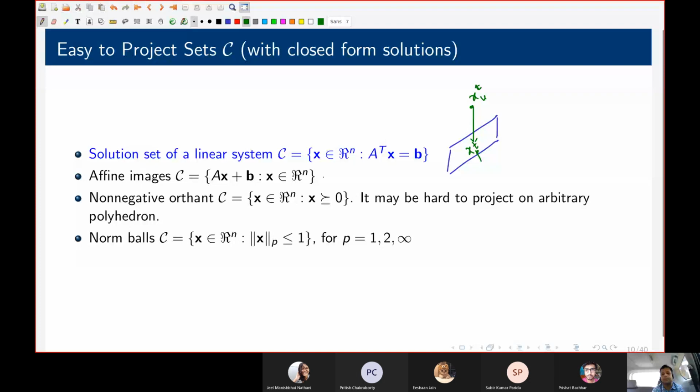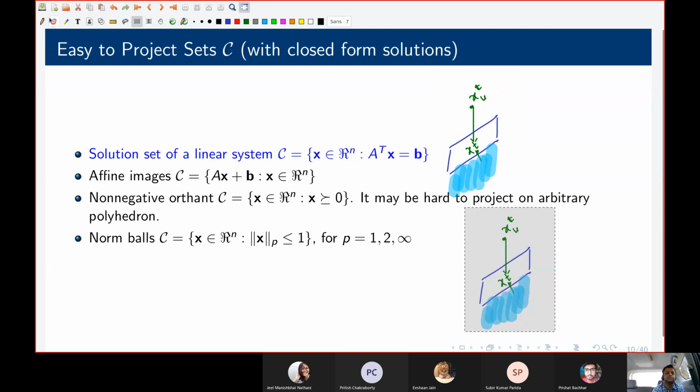Affine images, or many of these are simple. Now you can just imagine that instead of just a hyperplane, you might also have had the entire region below, right? In which case, again, if the point xu is already in the region, then there's nothing to do, right? So xu could have been here, in which case you have nothing to do. Let me show this case as well.